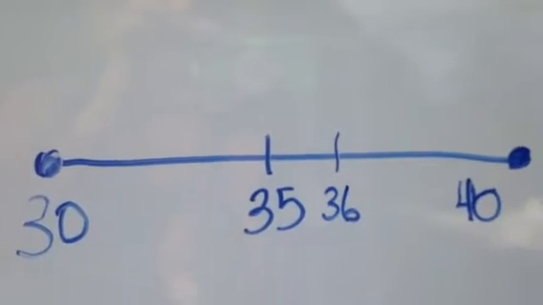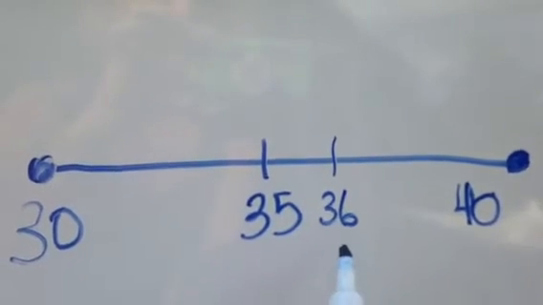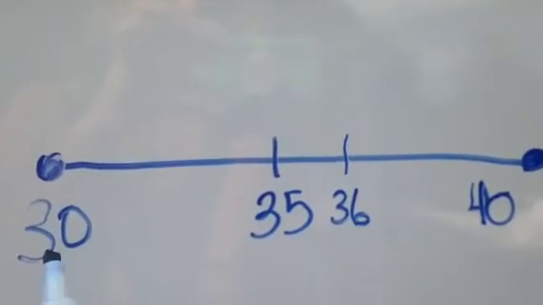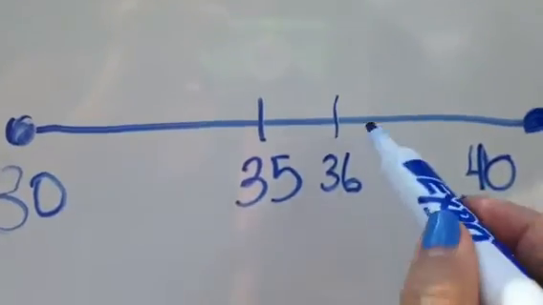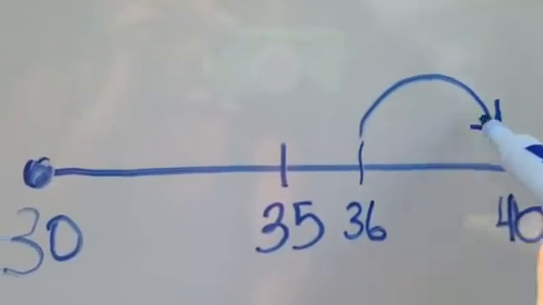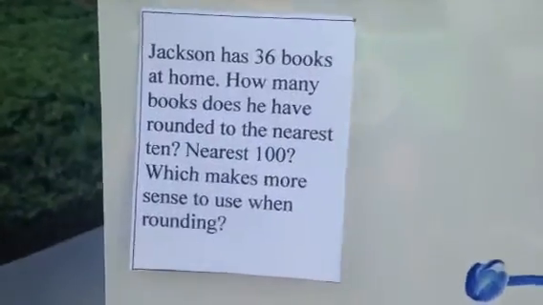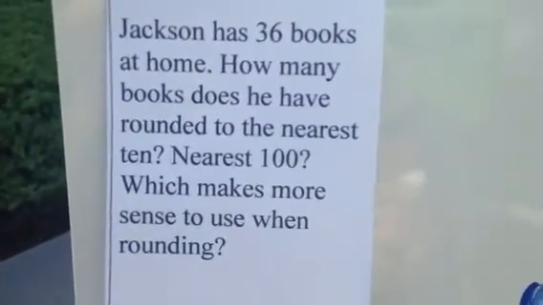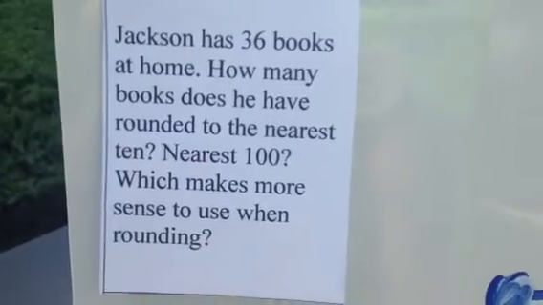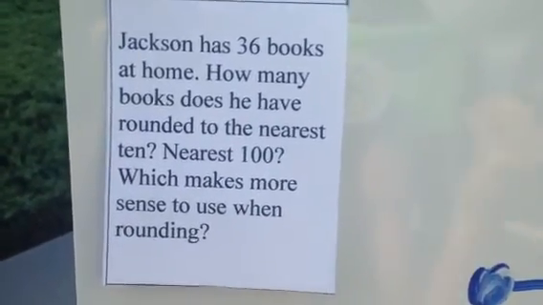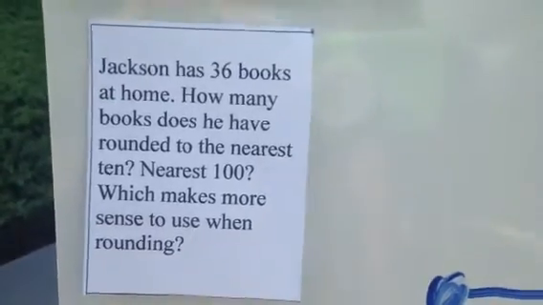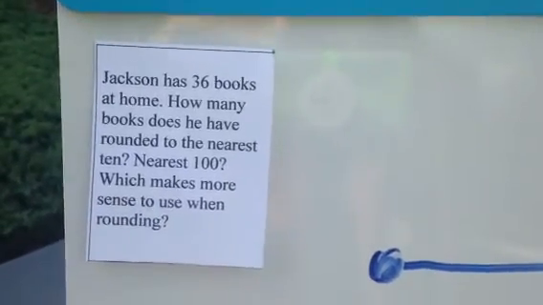And I say to myself, is it a shorter distance from 36 to 30 or from 36 to 40? And I know that I'm going to round up to 40. So when it said how many books does he have rounded to the nearest 10, I know that he has about 40 books.